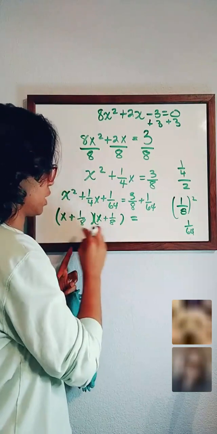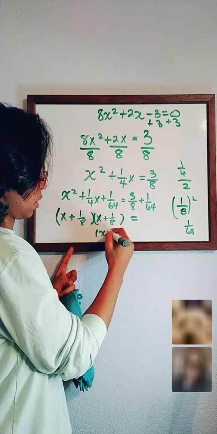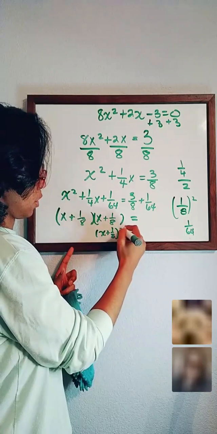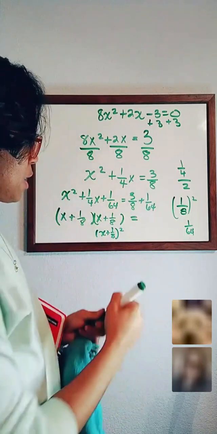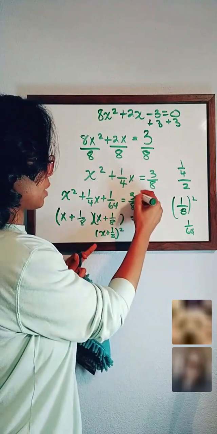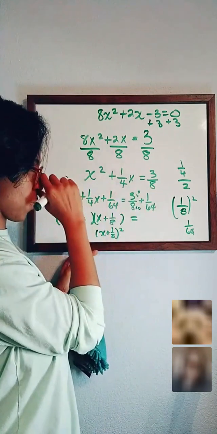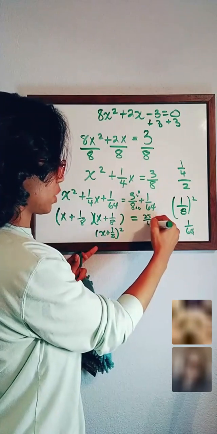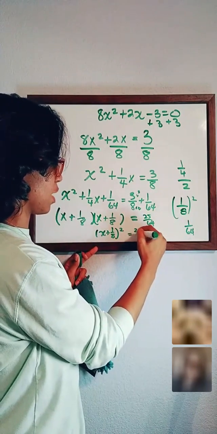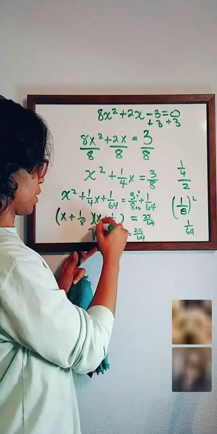It's just a lot of fractions. Now I'm gonna find a common denominator. So this is gonna be times 8, times 8, 24/64. So that's 25/64. Okay, that's not bad.